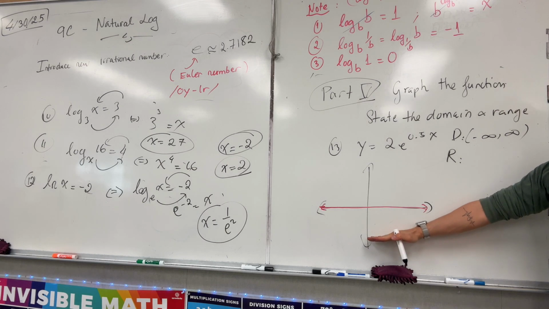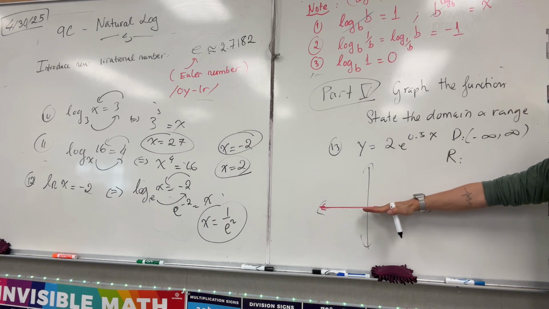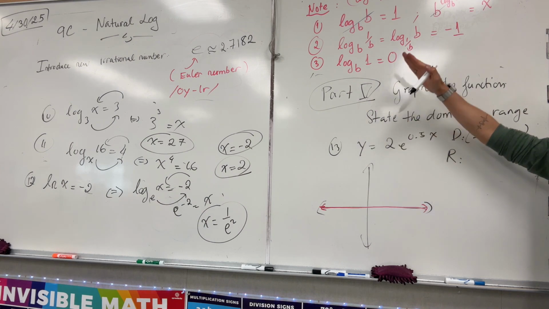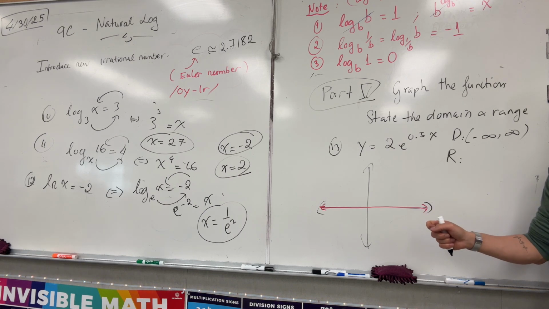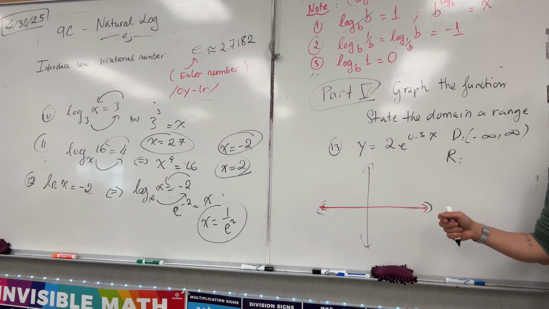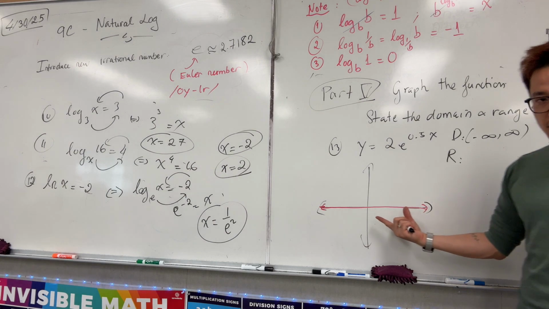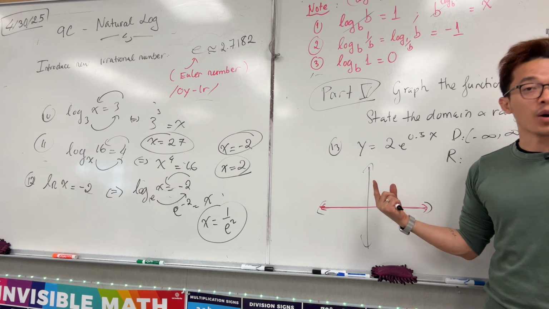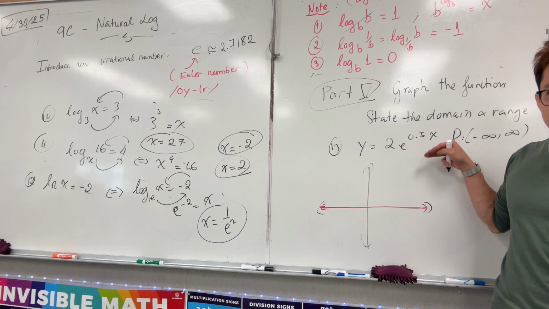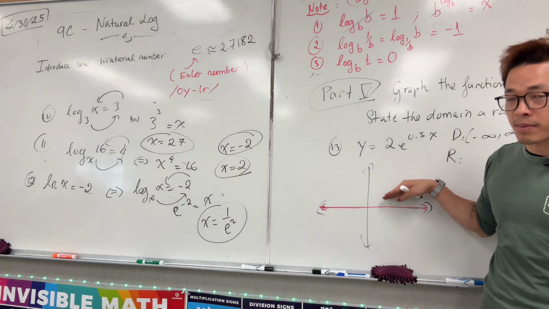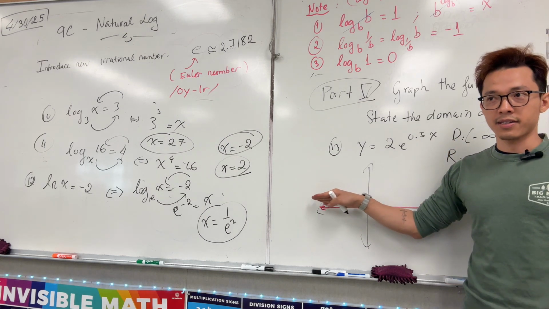So from the bottom to the top, they always start from 0 and above it. Do they touch the 0? Never touch, right? What is the definition of HA? Horizontal asymptote. The graph gets closer and closer, but never touches, right? It's like you and your A plus.